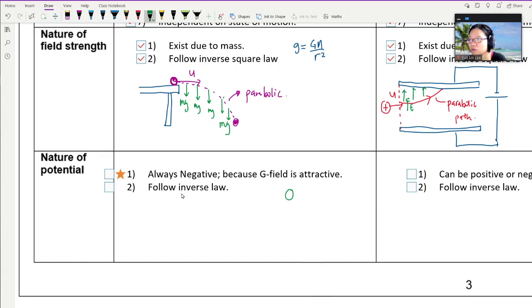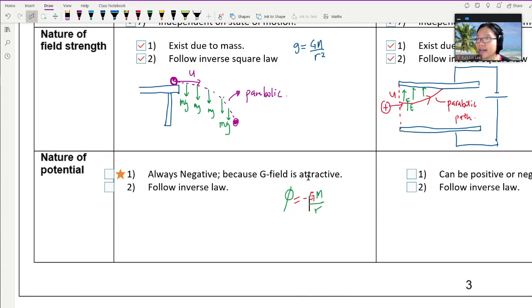But this is always attractive. So your gravitational potential, given the symbol psi, is GM over r. But don't forget, negative. Okay, negative GM over r.